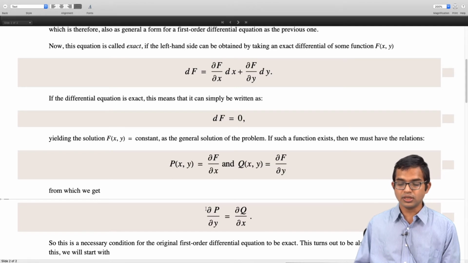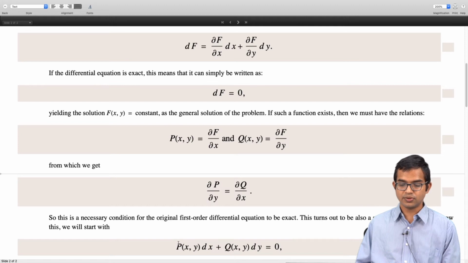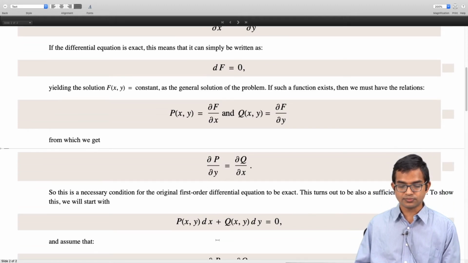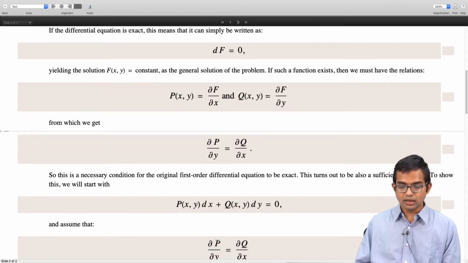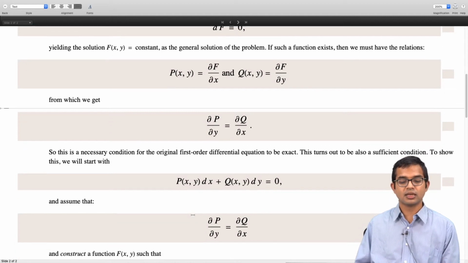What we can show is that if you start with some arbitrary differential equation like this, and if you can explicitly see that dou p by dou y is equal to dou q by dou x, then for sure there exists a function f of x.